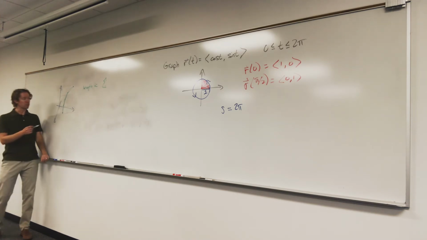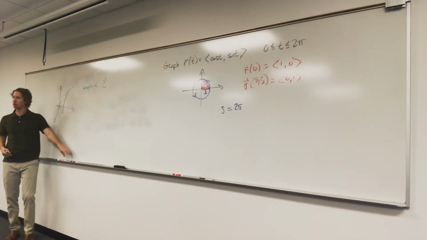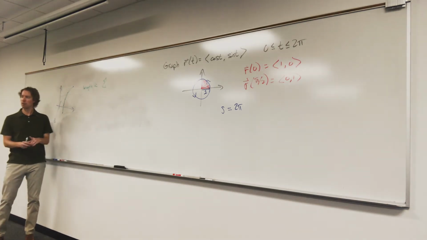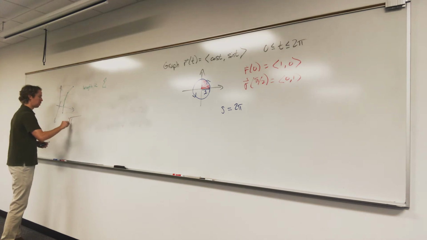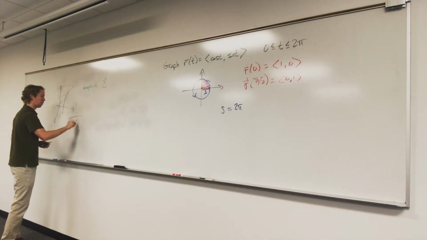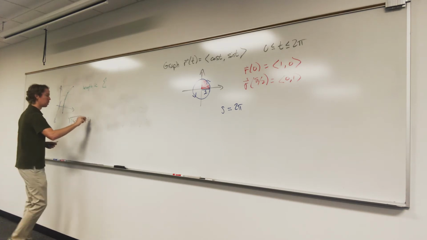Okay, good. You can use the distance formula. So do you remember the distance formula? Square root of x2 minus x1 squared plus y2 minus y1 squared. And since it's 3 dimensions, plus z2 minus z1 squared. Good.